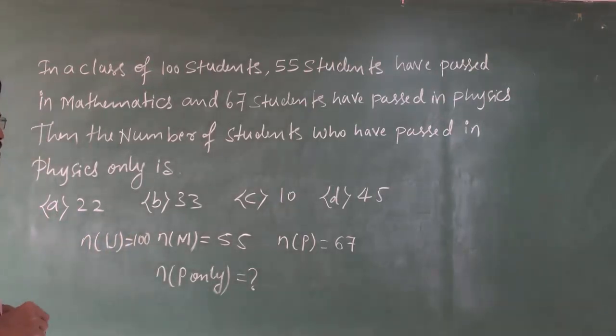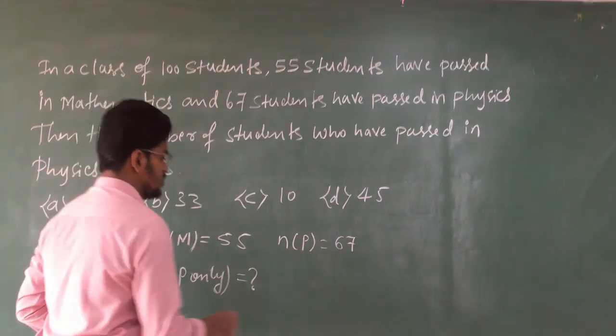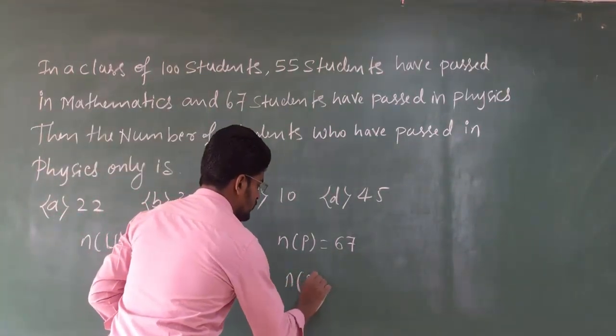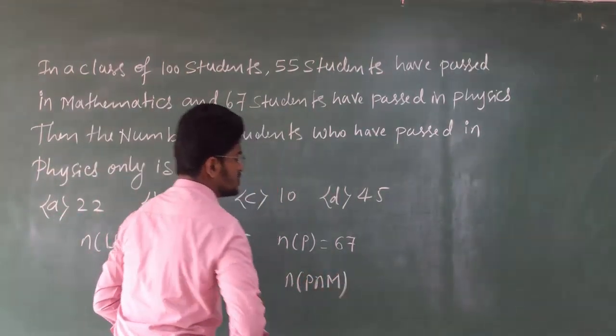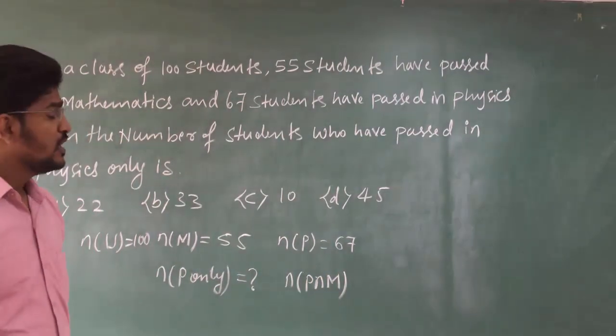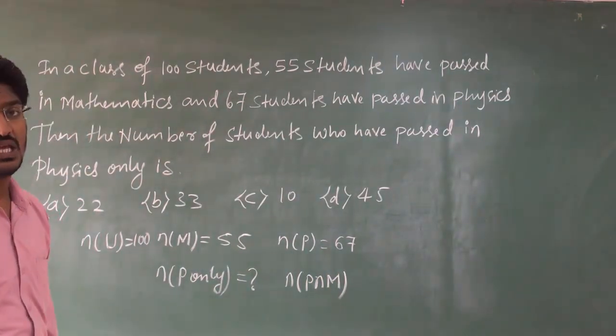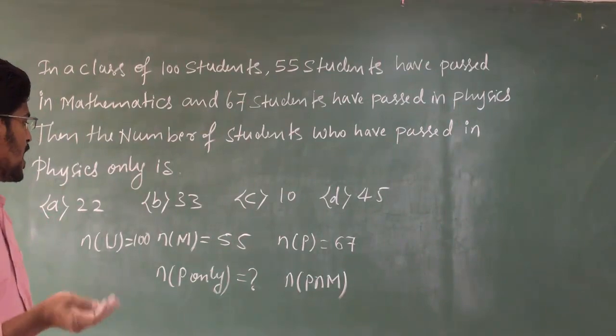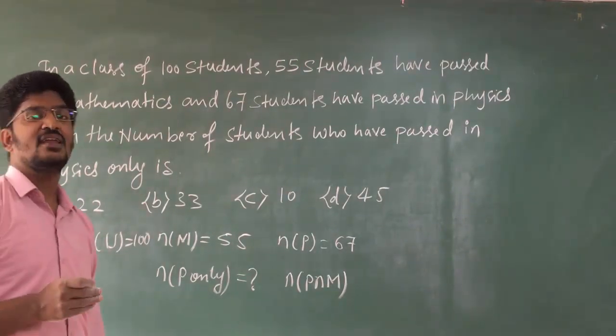Clear? So now if you want to simplify this, first you have to calculate n of P intersection M. If you calculate n of P intersection M, you get those who have passed both physics and maths.